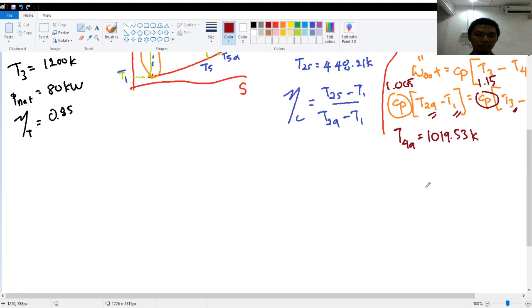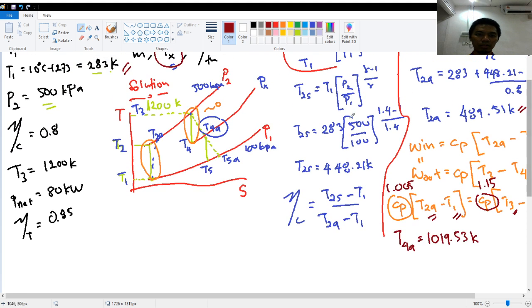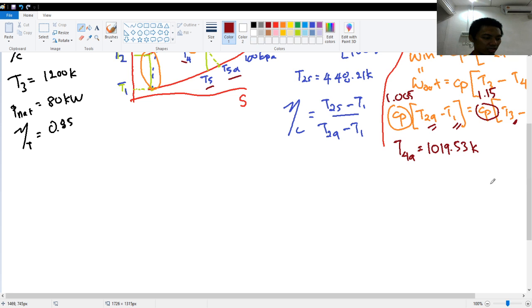And next, you need to find all these temperatures: T4A, T4, T5, and T5A. Okay. So what is your T4S? How to find the T4S? Using turbine efficiency.